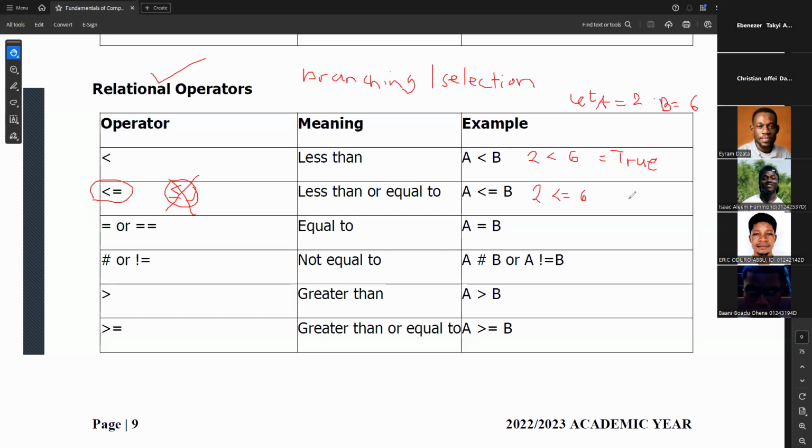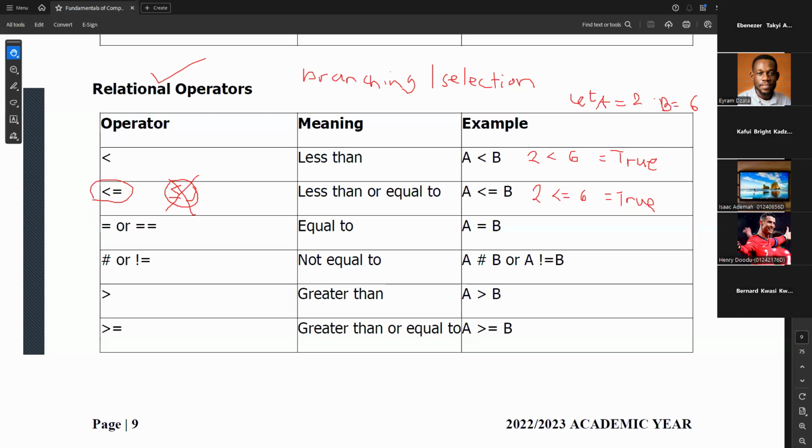Are you sure that will be false? It's true. All right, so it's going to be true.